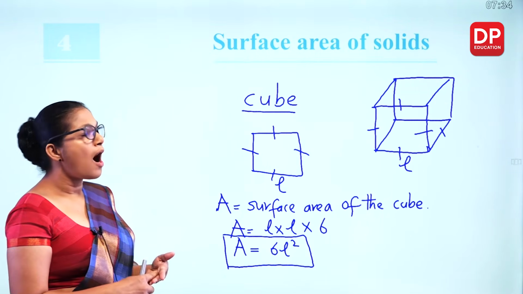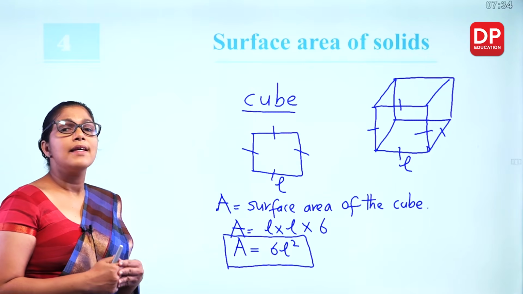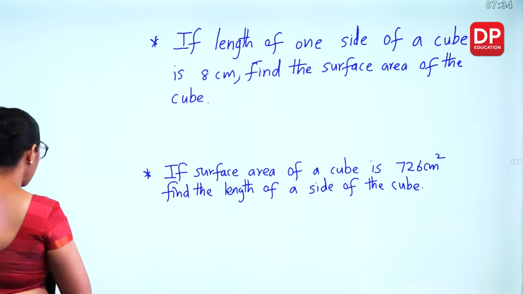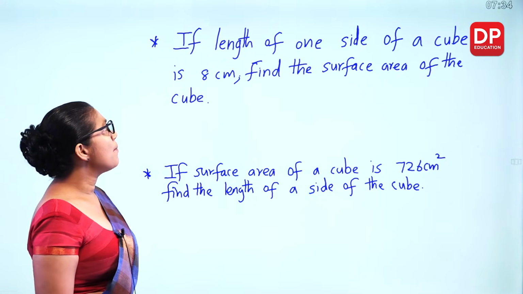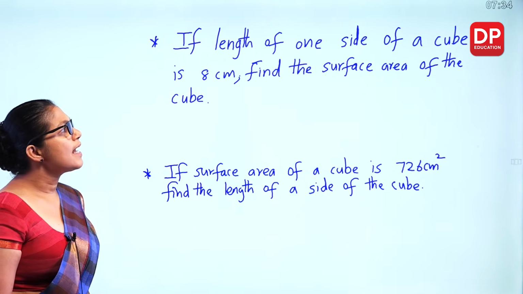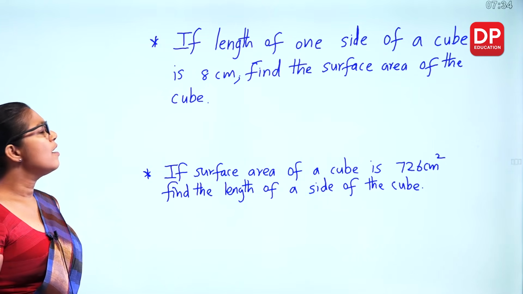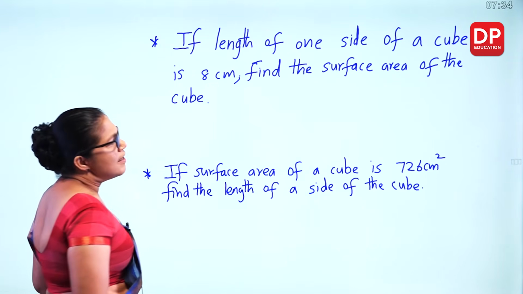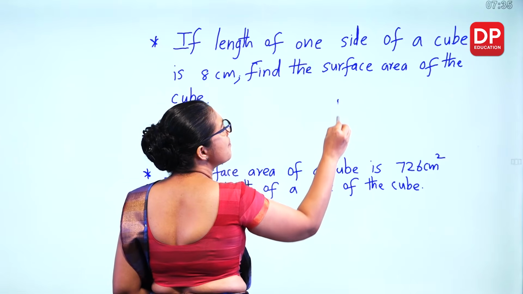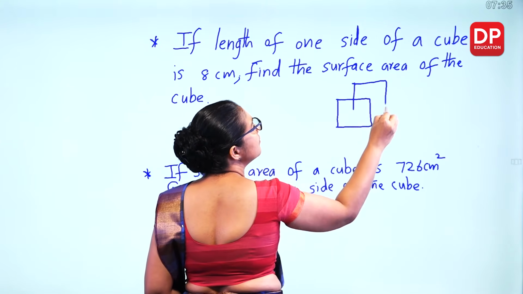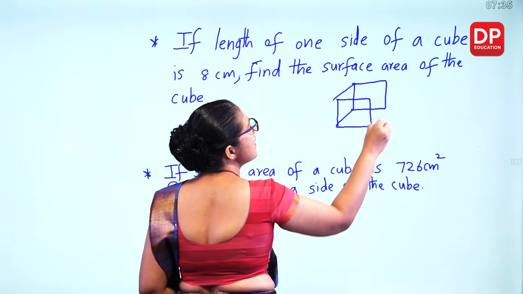Now we'll see how we can apply the area formula in examples. We'll take this example. If the length of one side of a cube is 8 centimeters, find the surface area of the cube. Shall we sketch the diagram? Just draw a square, another square here and then connect it.